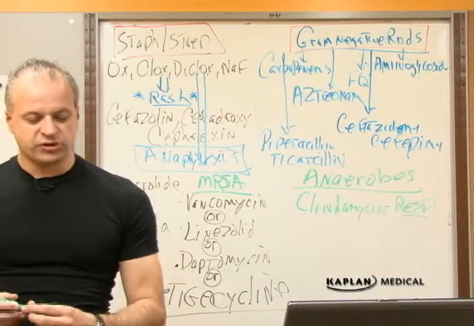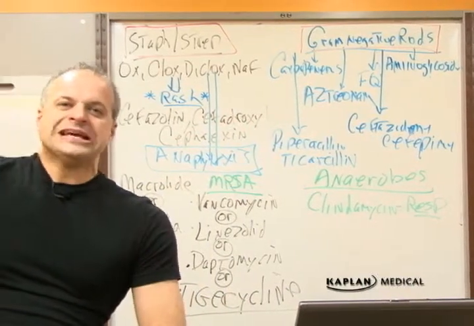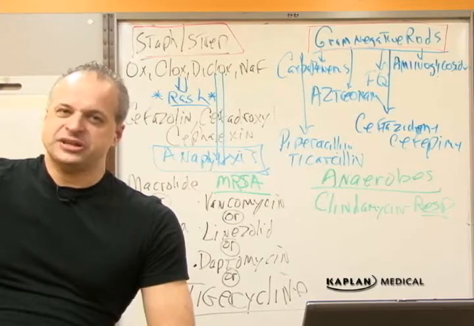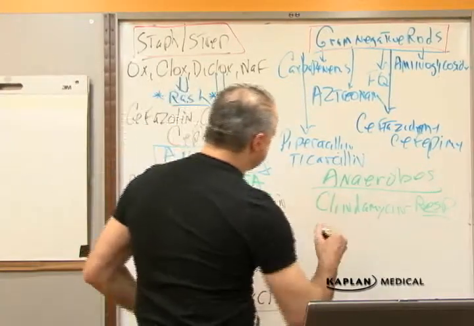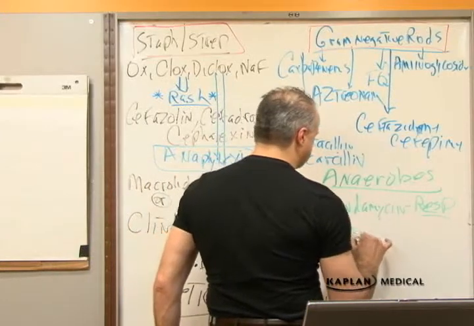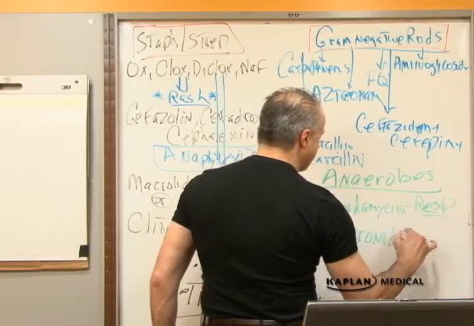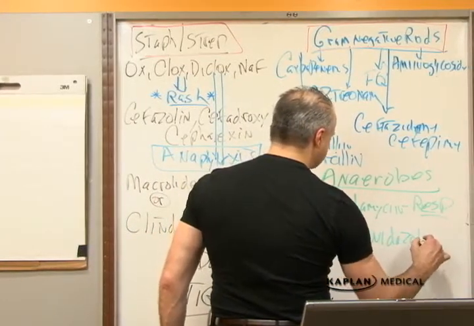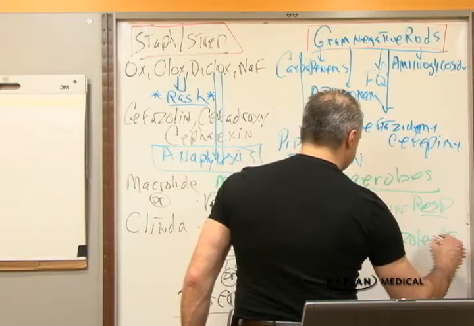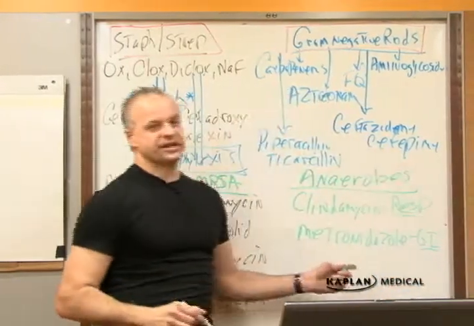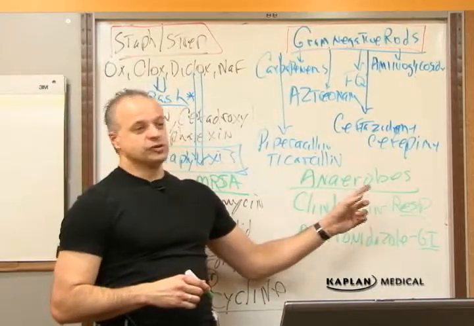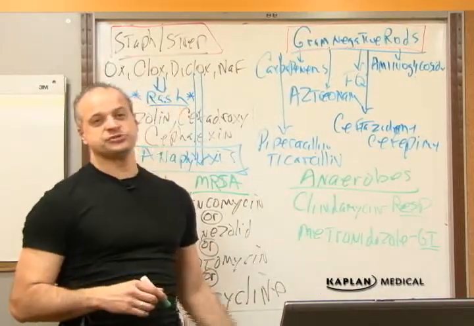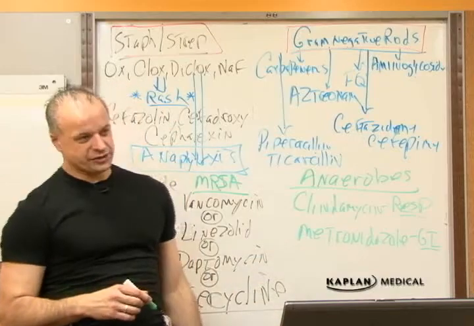If you have GI anaerobes, abdominal anaerobes, gut anaerobes, anaerobic gram-negative rods, it is metronidazole. Clindamycin for respiratory anaerobes, metronidazole for GI anaerobes.